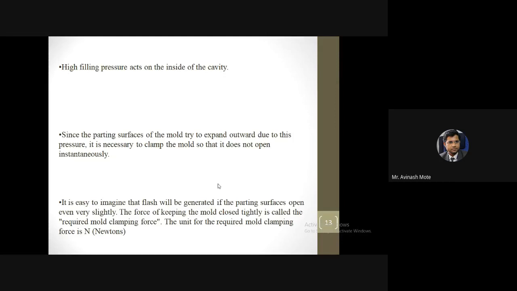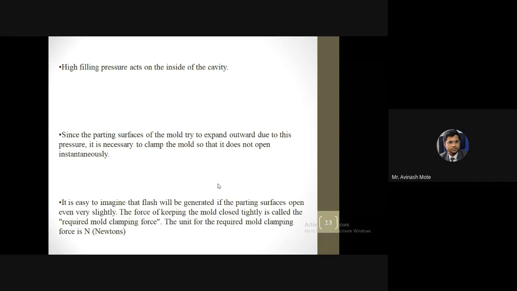Now, what happens when we are pressurizing the molten material by using the ram, the plunger, or any other element which is forcing the material inside the cavity? This material will try to escape from the parting line. Parting line is the surface where the mold boxes are closed.